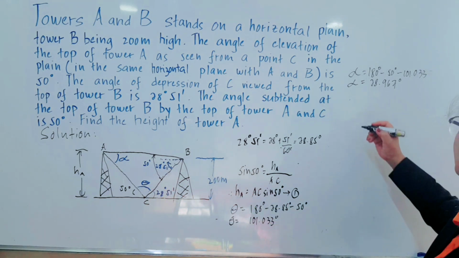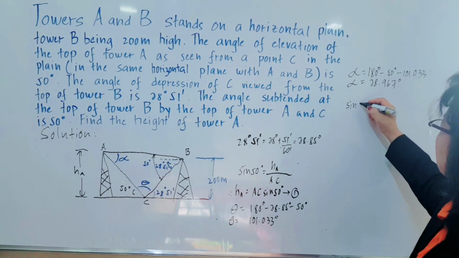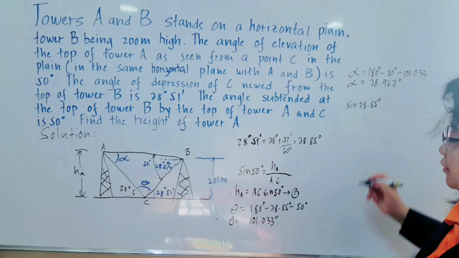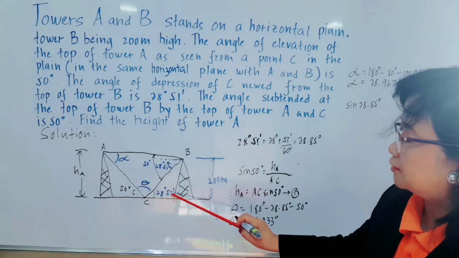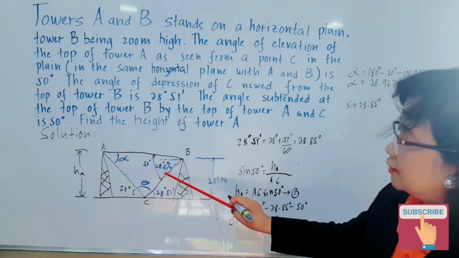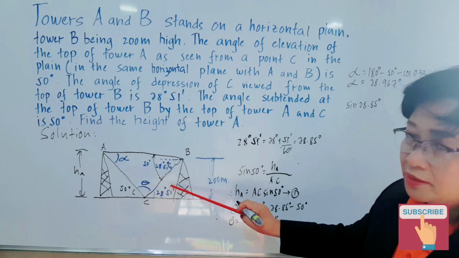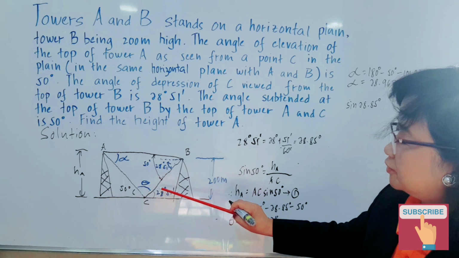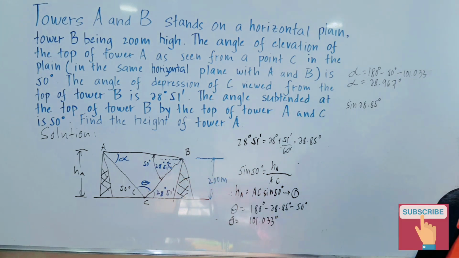So we can use the sine function of 28.85 degrees, because this 28 degrees 51 minutes is from this side, since alternate interior angles must be equal. For example, this one is theta, this one also is theta. It's like this in mathematics.